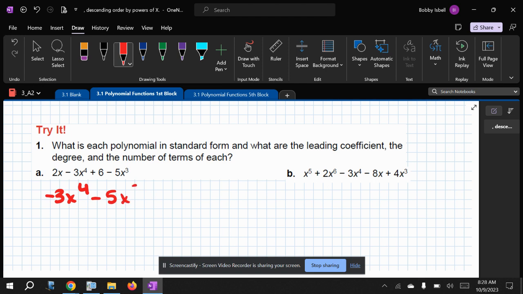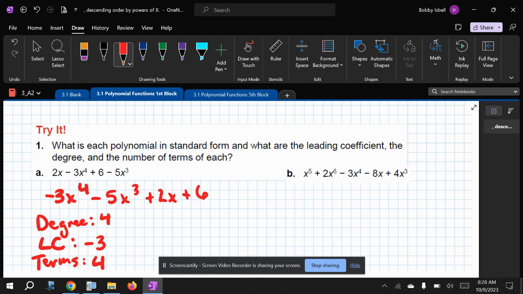Yeah, minus 5x cubed plus 2x plus 6. So there's standard form. It has a degree of 4 and a leading coefficient, I'm just going to abbreviate leading coefficient LC, negative 3. And it has 4 terms.